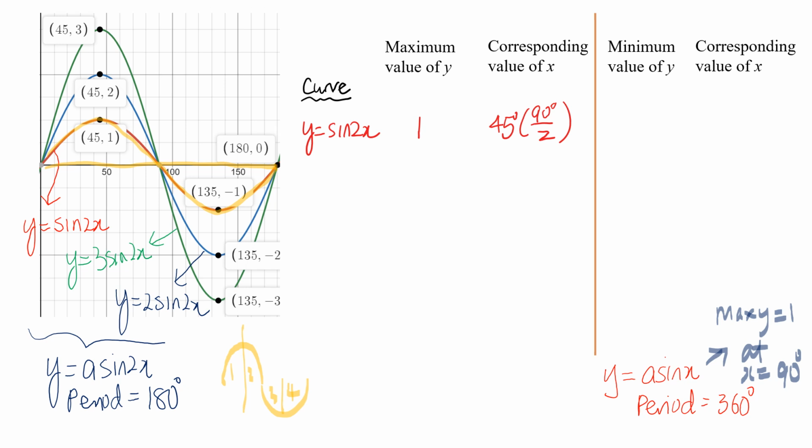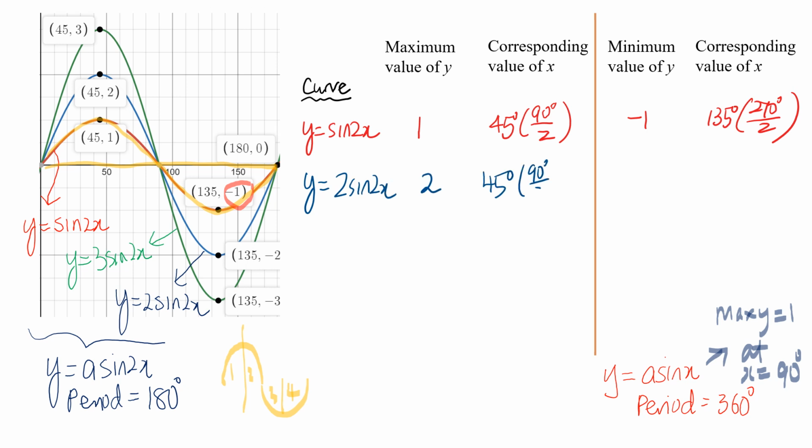Now let's look at the negative value. The minimum value of y will be negative 1, as indicated here. However, you'll see that the corresponding value of x is 270 divided by 2, which is 135 degrees. Let's go on to y equals 2 sine 2x.